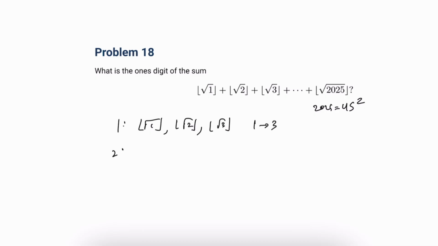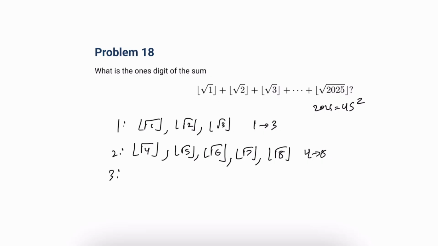Similarly, 2 is equal to the floor of the square root of 4, 5, 6, 7, and 8, and the floor of the square root of 9 would equal 3. So these are just the numbers from 4 to 8.